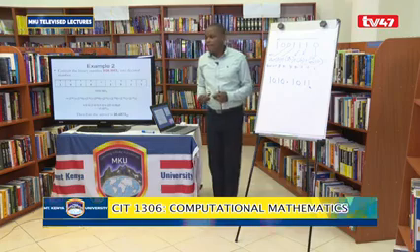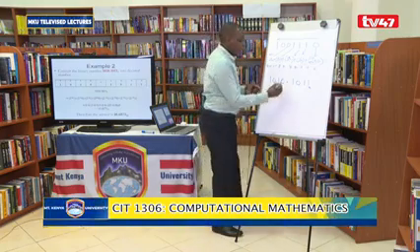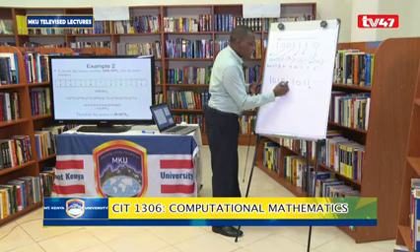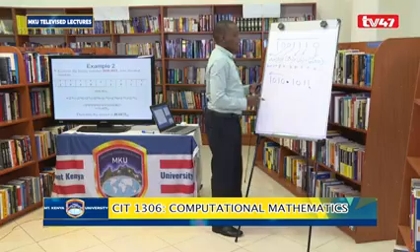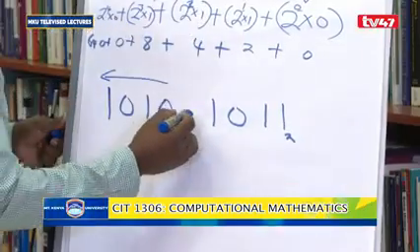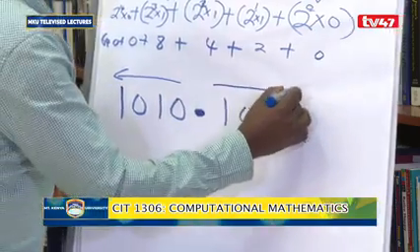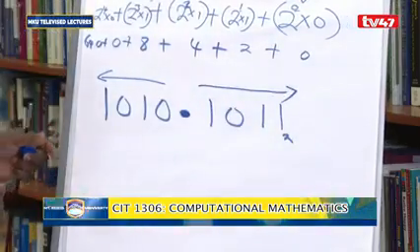To convert this into a decimal number, you expand using base 2. From the decimal point towards this side, you expand using base 2, and from the decimal point towards this side, you expand using the fractional base 2.